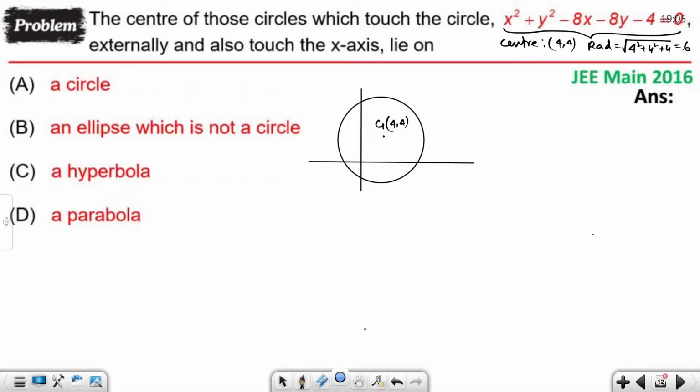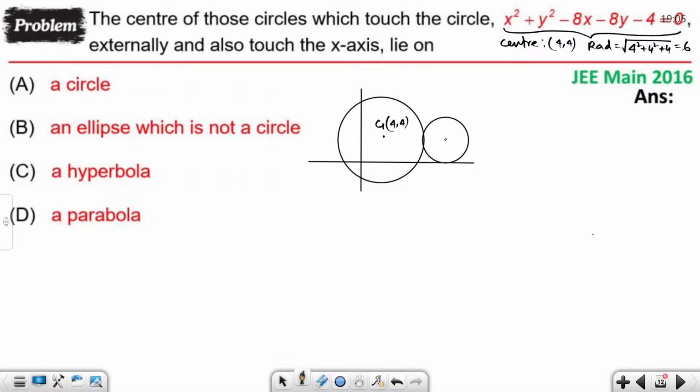Now, let me take one of the circles which is touching, because there will be infinite circles touching this circle externally as well as the x-axis. I am taking one of them. Now, this is the circle which is touching the x-axis as well as the given circle externally.